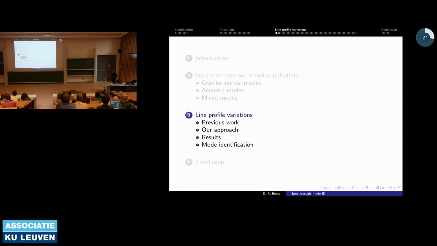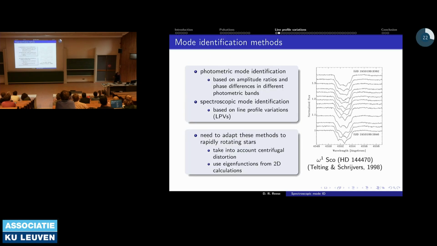Okay, so now I want to talk about line profile variations. I'll briefly go over previous works, and then I'll describe the approach that I'm going to show here, and afterwards I'll conclude. So, in general, when you want to do mode identification, you have 2 options.